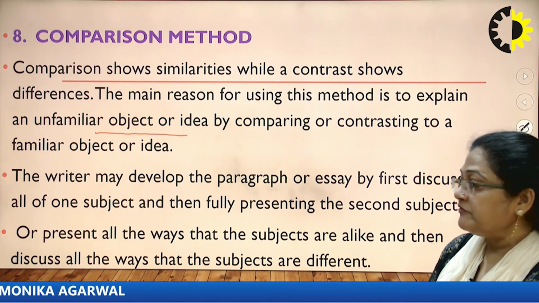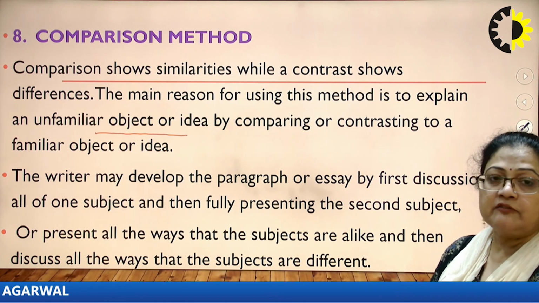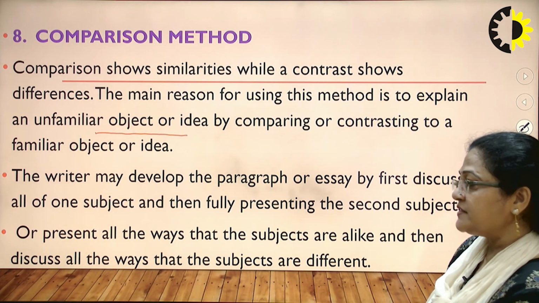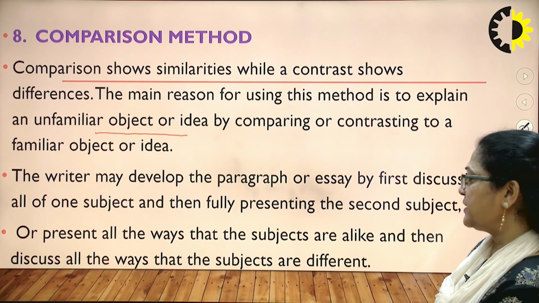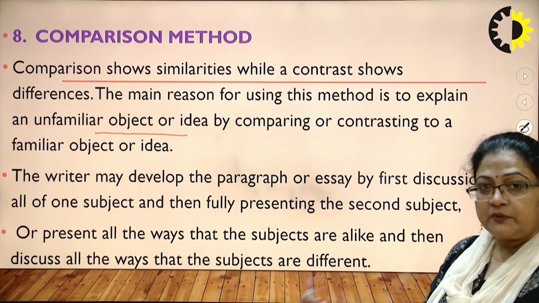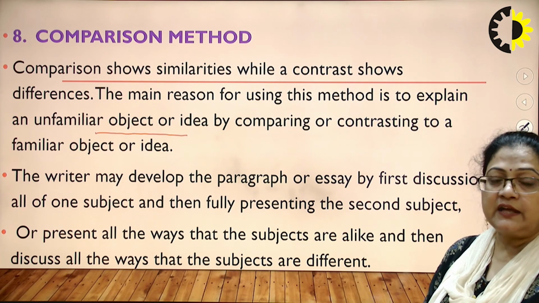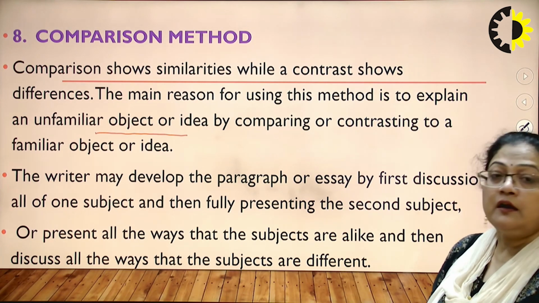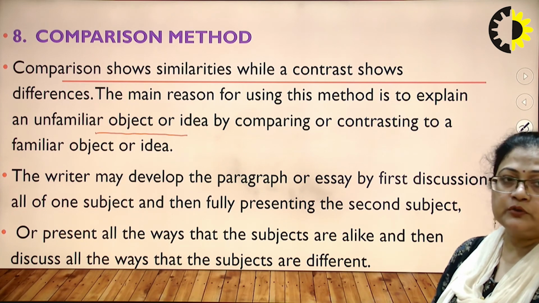Every reader in his or her capacity can find the contrast or comparison. The other way is to present all the ways that the subjects are alike, means first the writer talks about the similarity of two objects and ideas, and then altogether discusses all the ways the subjects are different, means the dissimilarity of the two ideas.